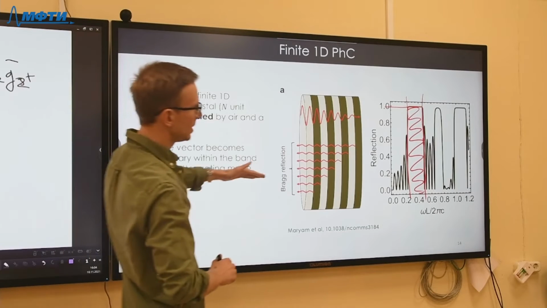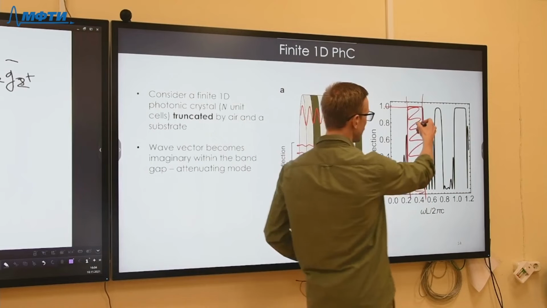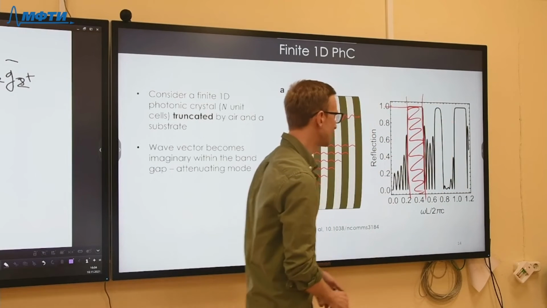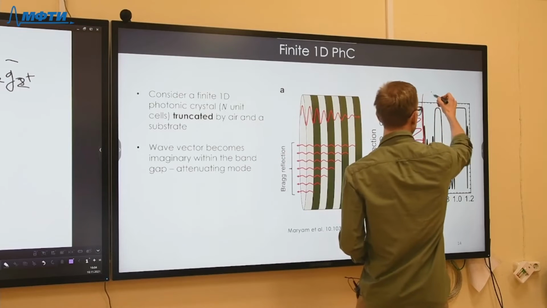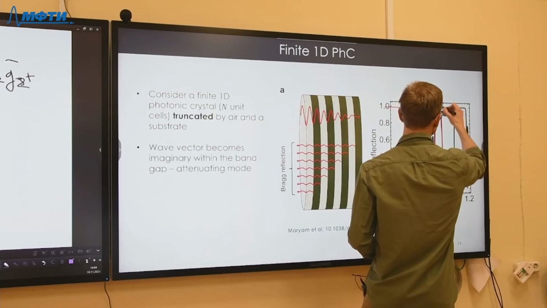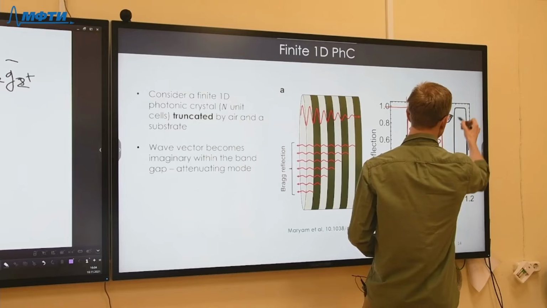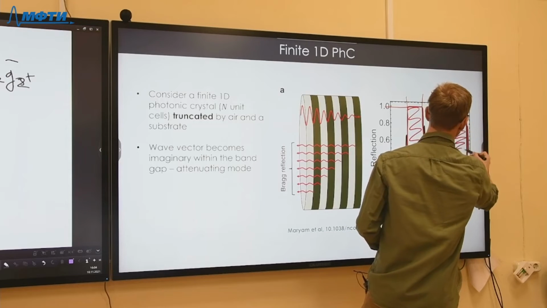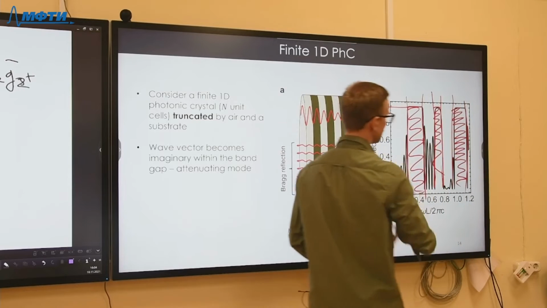Then, as we increase frequency more, we leave the first band gap, then reflection oscillates back and forth again, and then we go into the second band gap, where reflection is near unity again, and then we go to the third band gap, where we hit another almost flat band of near unity reflection, and so on and so forth.